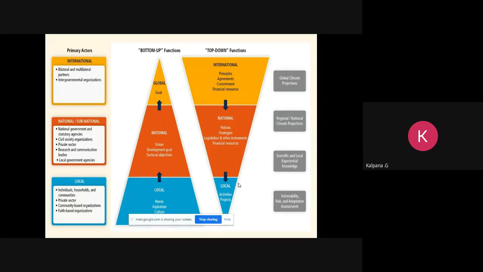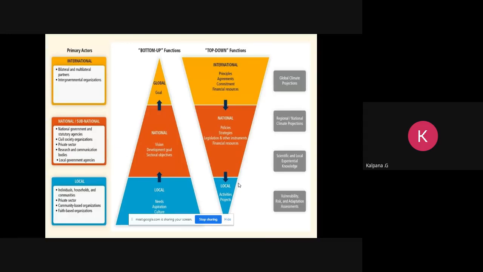After the vision and mission of the organization is set, we talk in terms of strategic goals and strategic objectives. Here we have policies, strategies, legislation, and other instruments, and financial resources. Again, here also we talk about financial resources in terms of the strategic goals and objectives that are set.